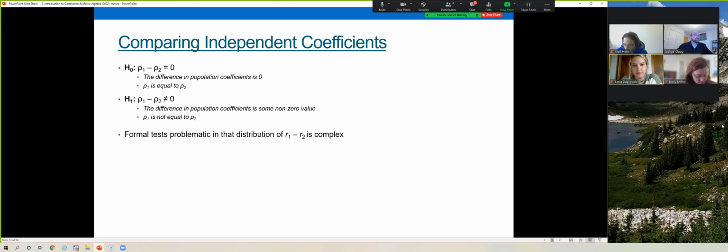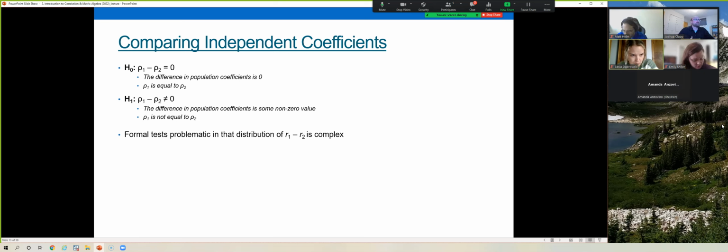The null hypothesis in this case is rho 1 minus rho 2 equals 0, right? Essentially what we're saying is the difference in population coefficients is equal to 0, or alternatively, the association in population 1 is equal to the association in population 2.